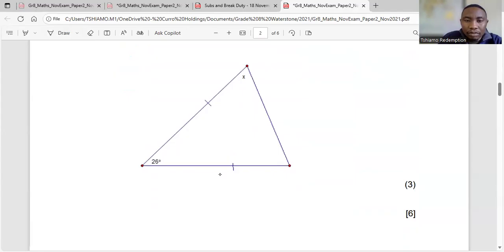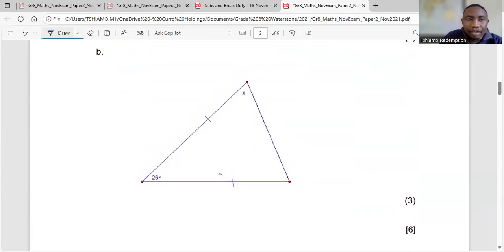Okay, moving along. Calculate X. We're looking for X here. What type of triangle is this one? It's an isosceles triangle. What do we know about an isosceles triangle? Two things: two opposite sides are the same and the base angles are the same. What is the reason for that one? We said angles opposite equal sides.